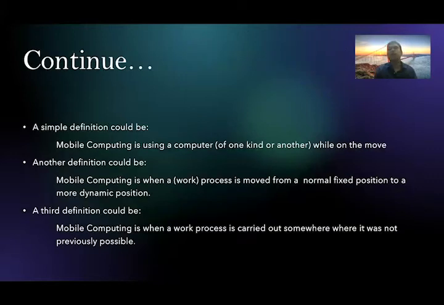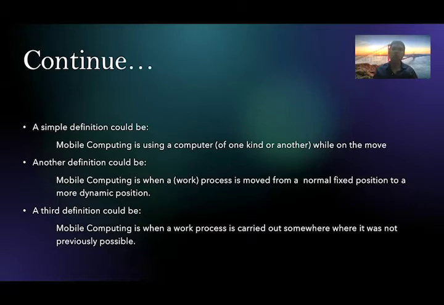We have a lot of definitions of mobile computing. Sometimes mobile computing is a computer. Meanwhile, you can bring your computer anywhere. So that one is also a definition of mobile computing. Another definition of mobile computing is the process of moving from one position to another position.